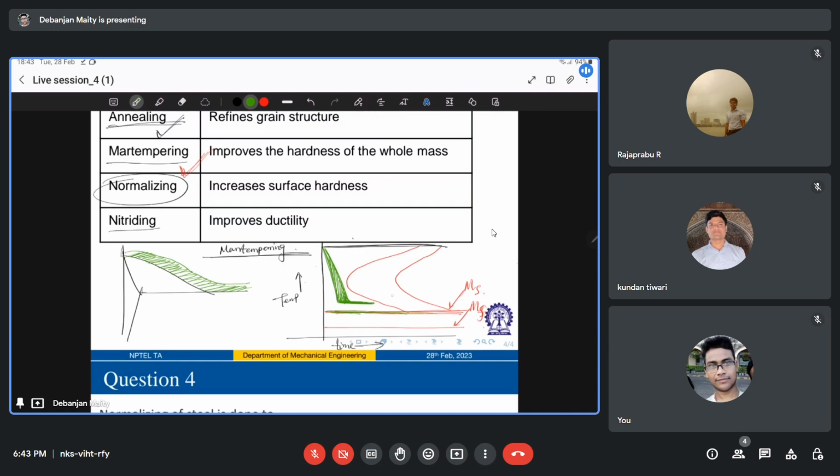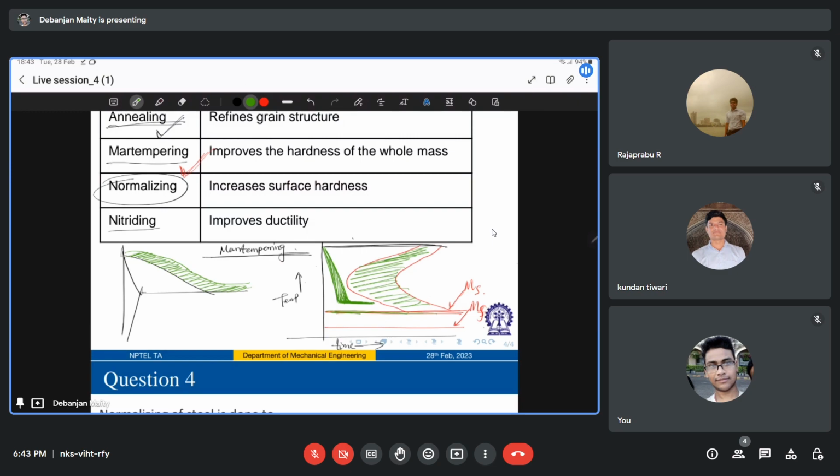Still, it has not crossed this region. It is not crossing this region while you are soaking until the temperature is uniform throughout, but the component is not kept long enough for transformation into bainitic structure, right?